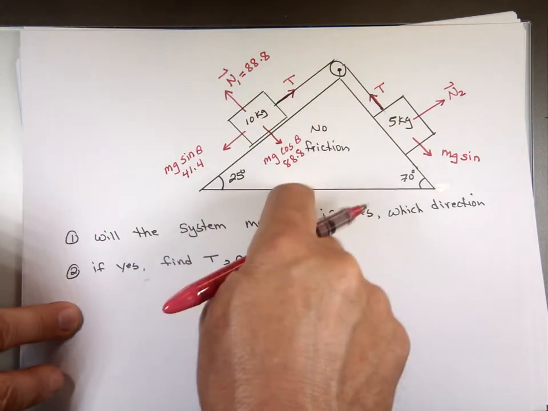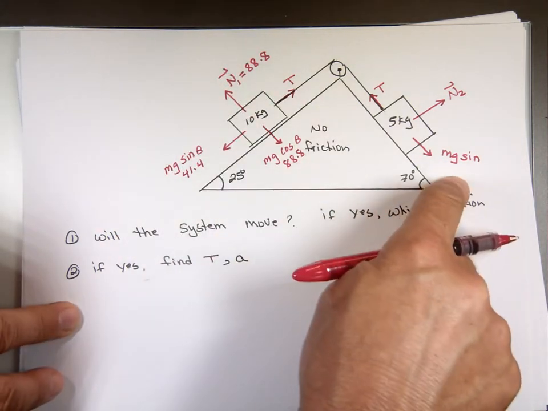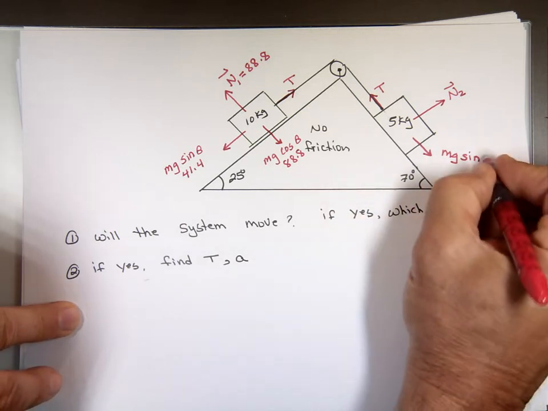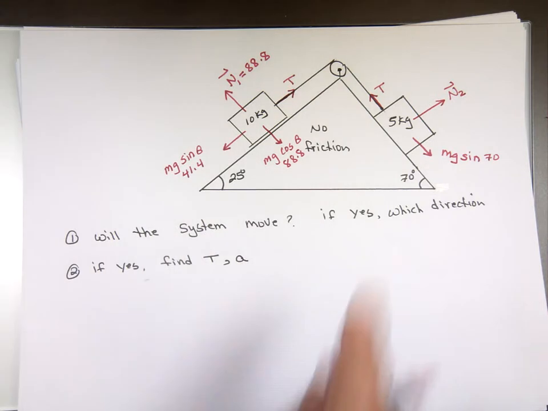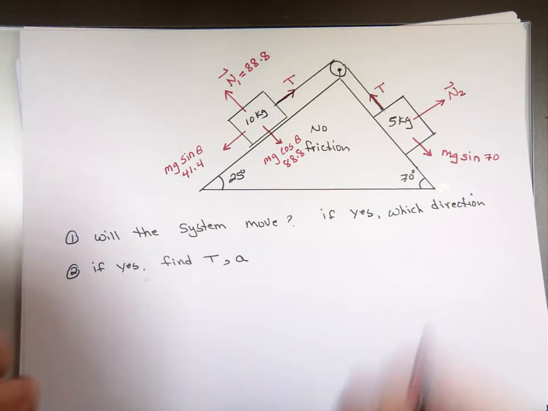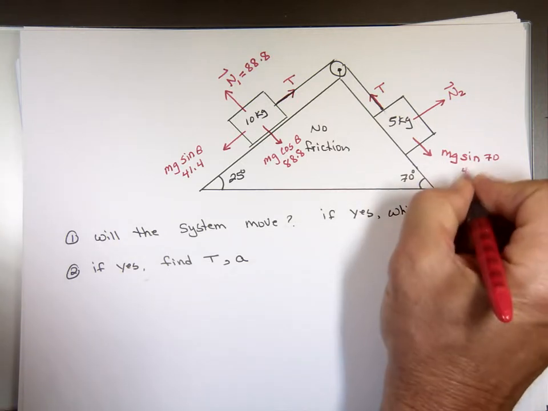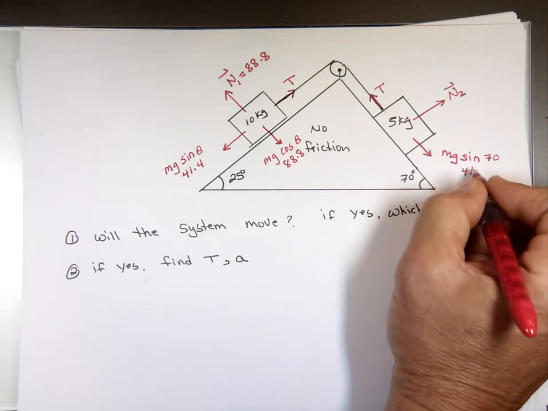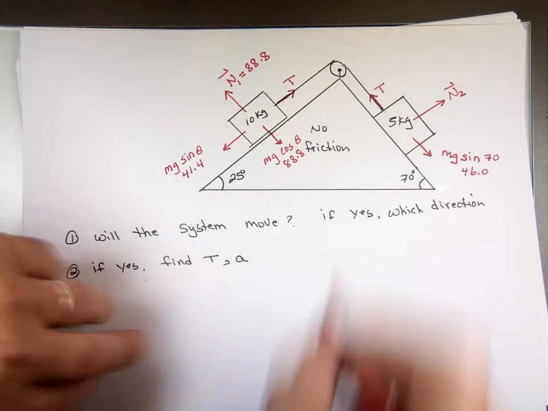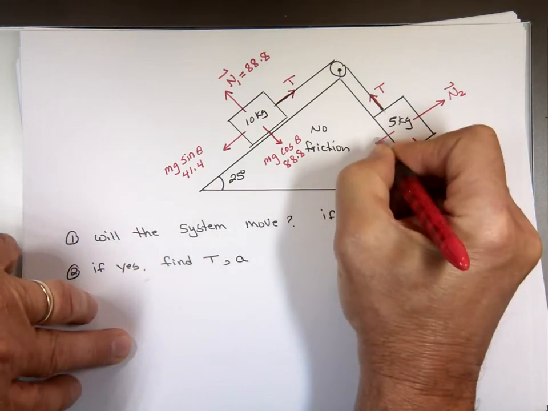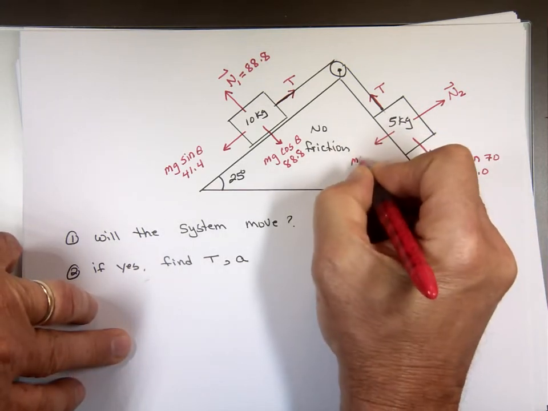Let's look at this. mg sine of 70 degrees, because the angle here is 70. Here it was 25. So that's 49 sine of 70. 46. And we have what? mg cosine of 70 degrees here.